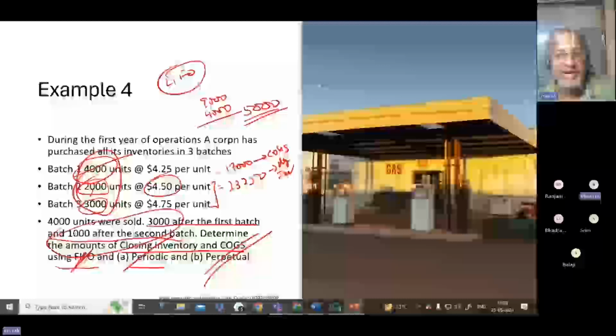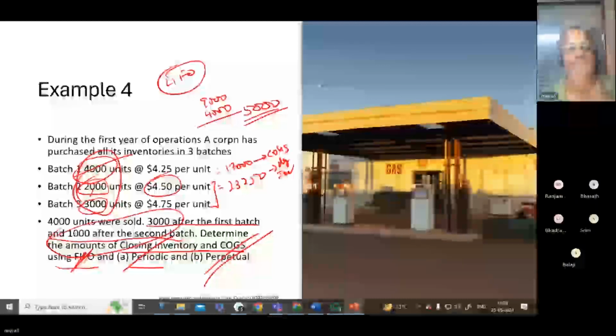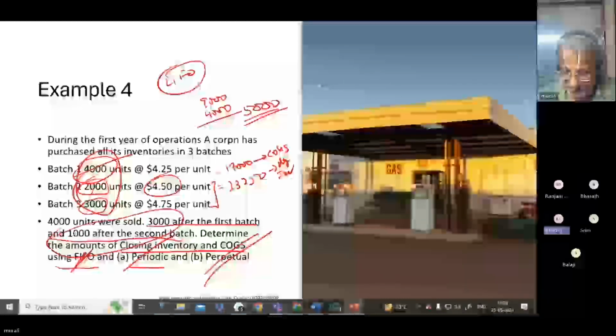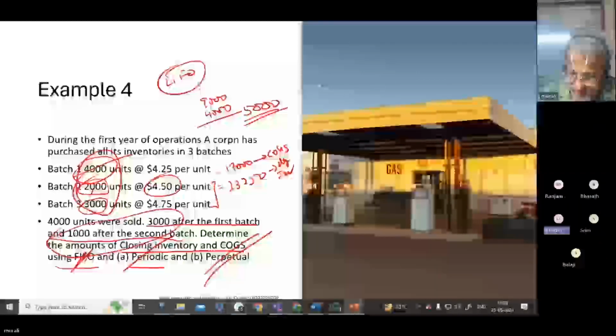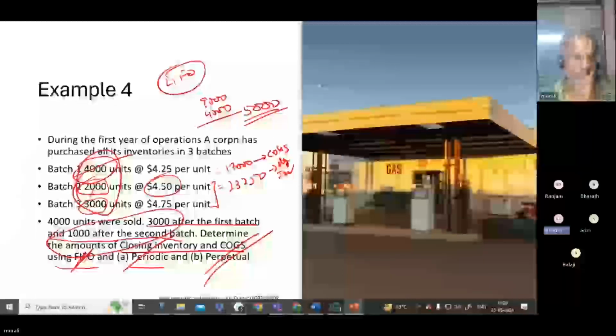Anup, can you tell in your own words? Sir, if the method of valuation is LIFO, then whether the computation is based on periodic or perpetual, the closing stock value and also the cost of goods sold will be one.